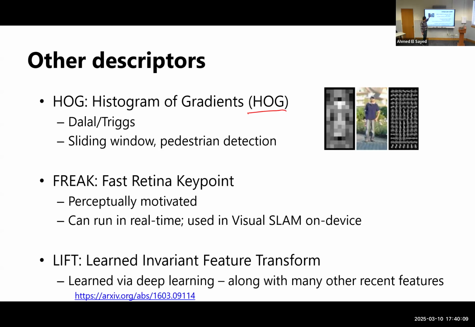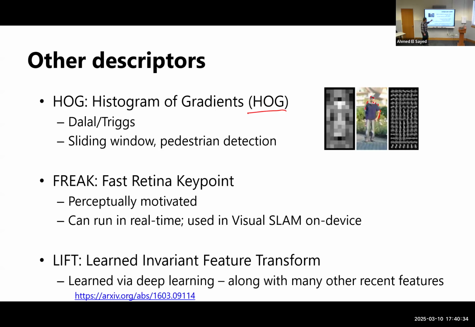So as a human, I can find the histogram of gradient around every place here. It will give me some pattern. I can compare that pattern for a pedestrian, as an example, with any other pedestrian, and I can detect this object based on that.